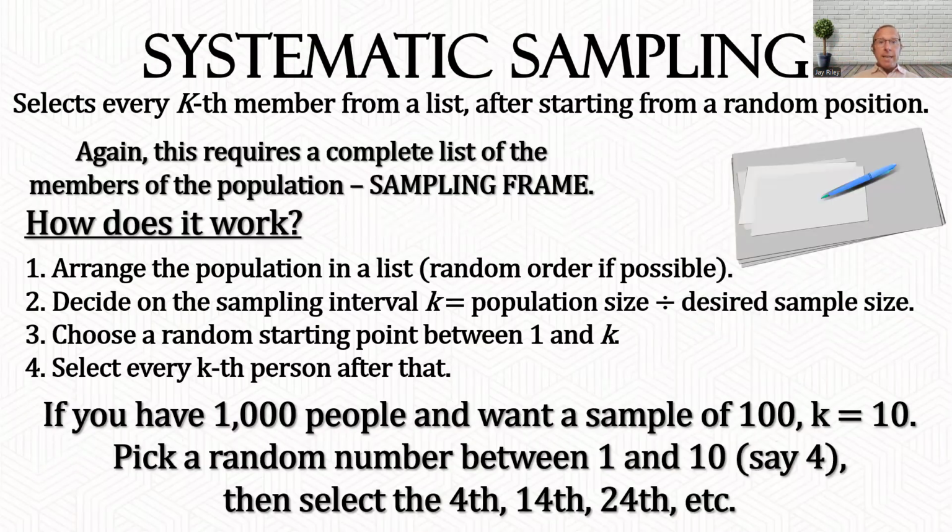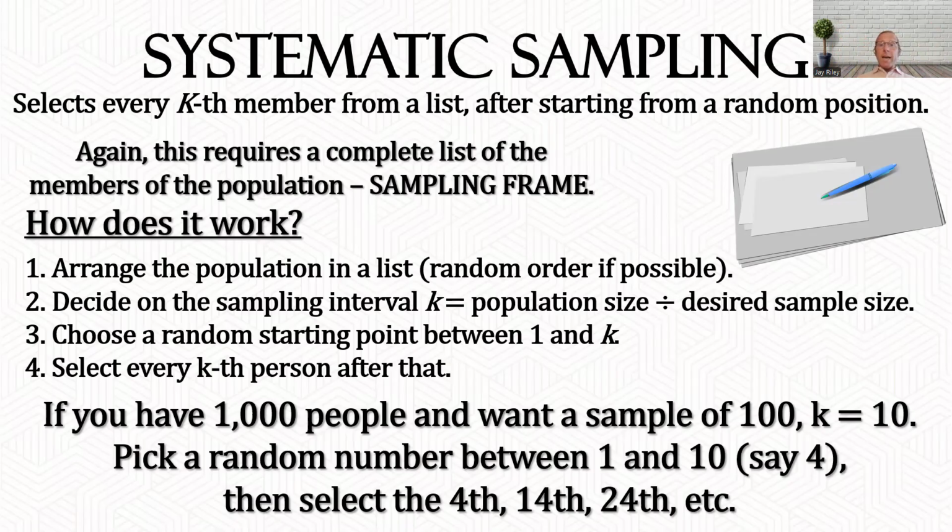Our next is systematic sampling. So here, it's similar to random sampling, but it's a little bit easier. You're going to select every nth member of a list, and you're going to start from a particular point. So again, you need a complete list of all the members of the population. So you're going to arrange the population into list order. Now, you're not assigning everyone these random numbers.